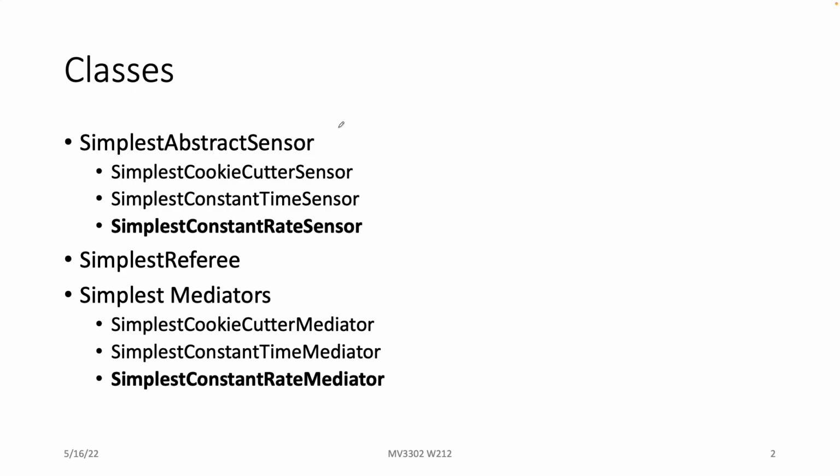So from an event graph standpoint and also from a class standpoint, that's what I'm calling the simplest abstract sensor. Again, these examples that I'm showing here are purely for classroom purposes, and as we'll see, they leave a little bit to be desired when you're trying to do a more complicated scenario.